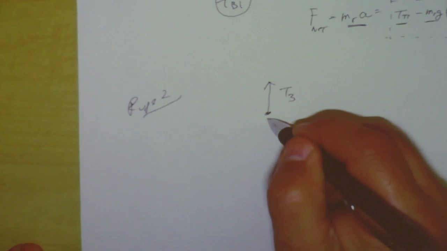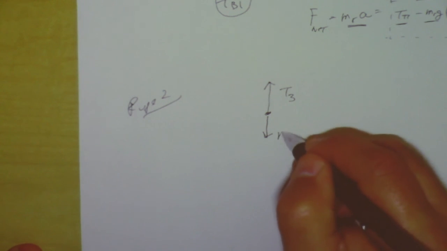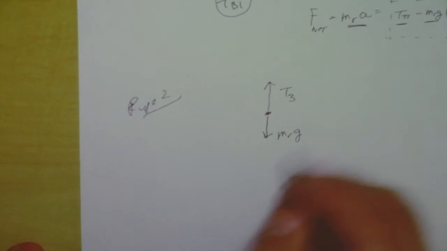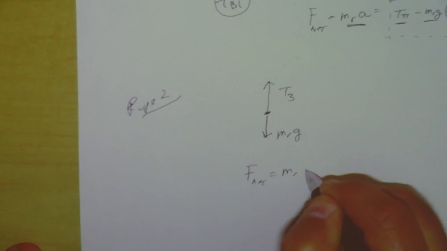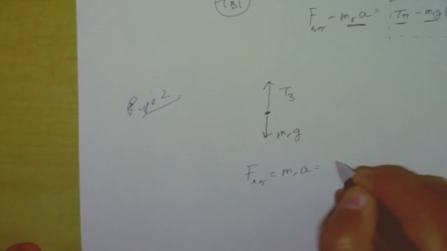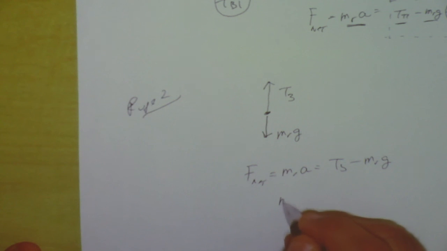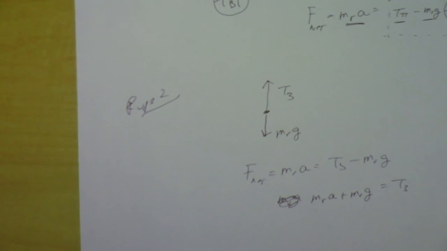And the only other thing that we have for this one, because it's not attached to anything else, is the mass of the rope times G. And then this one's not as bad. Net force, mass of the rope times A, equals T3 minus mass of the rope times G. So mass of the rope times A plus mass of the rope times G is equal to what they're calling T3.